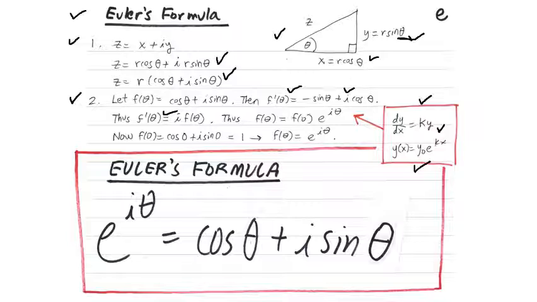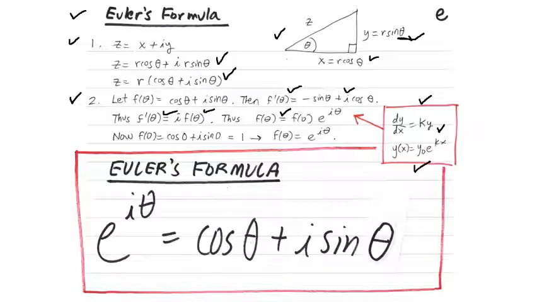And that's exactly what's going on here. We have the derivative of f of theta is a constant multiple, in this case i, times our function. So using that little orange box on the right, we know that f of theta must be equal to f0 times e to the i theta.